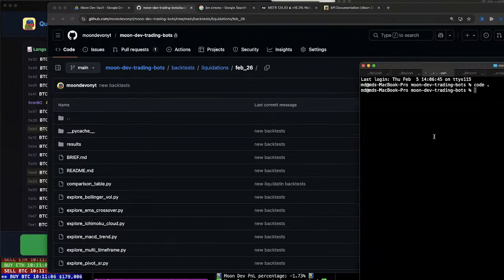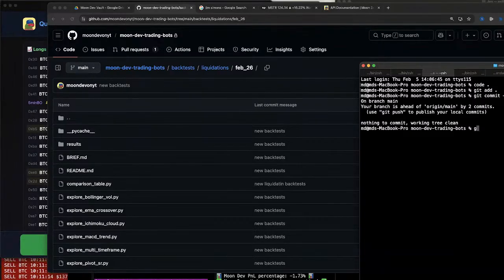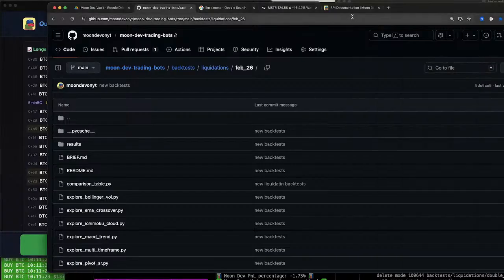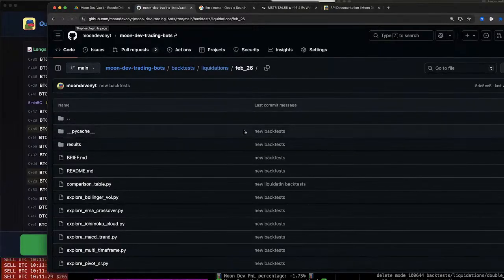Okay, let's go ahead and say git add dot, then git commit new backtest, git push. What? Did you push it? She did. What a dog. What a data dog, dude.